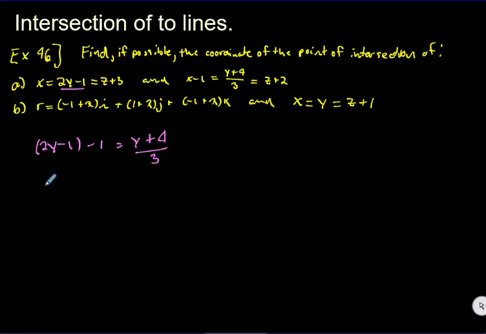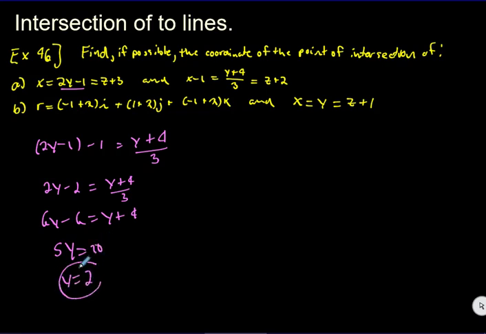Then this is going to be 2y - 2 = (y + 4)/3. Then I'll have 6y - 6 = y + 4. Then I'll have 5y = 10, so y is equal to 2. So I got y equals 2.